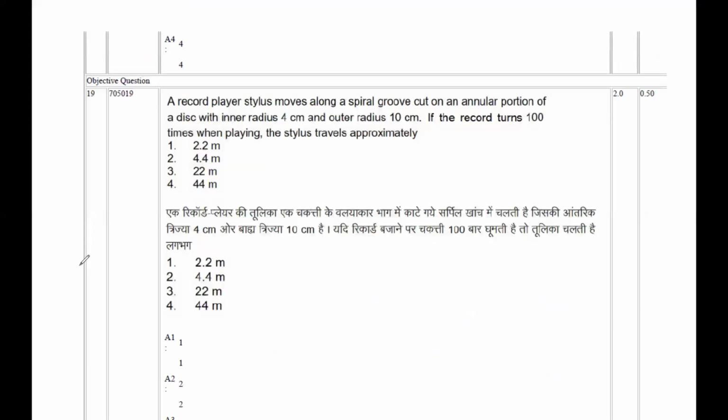19th question. A record player stylus moves along a spiral groove cut on an annular portion of a disc with inner radius 4 centimeters, outer radius 10 centimeters. So it seems that this is your spiral groove on which that stylus moves along.